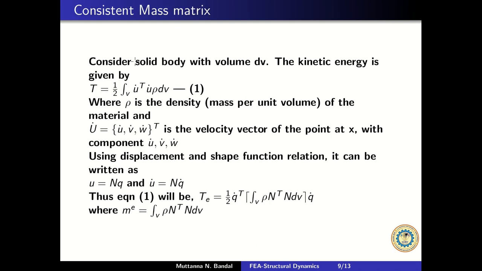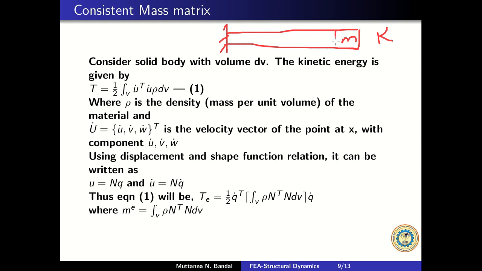Now going ahead, we will derive what is called a consistent mass matrix. Consistent mass matrix refers to, suppose I take a cantilever beam like this. It has the stiffness property, as well as mass, but the mass is distributed over a length.